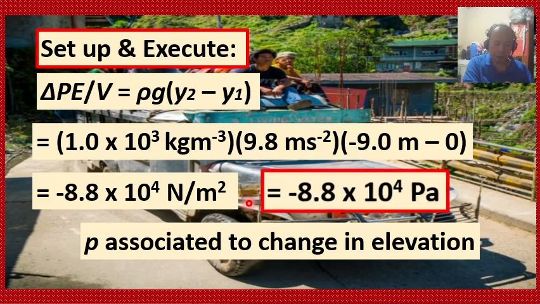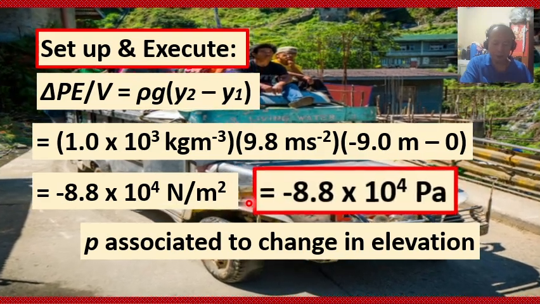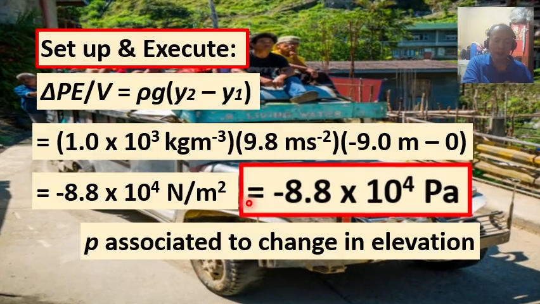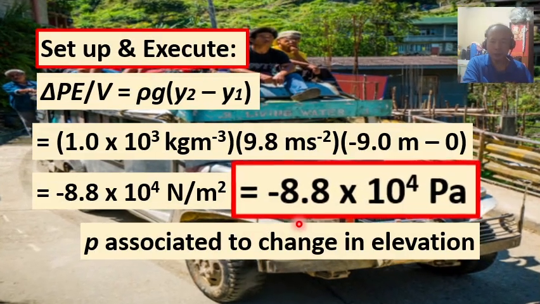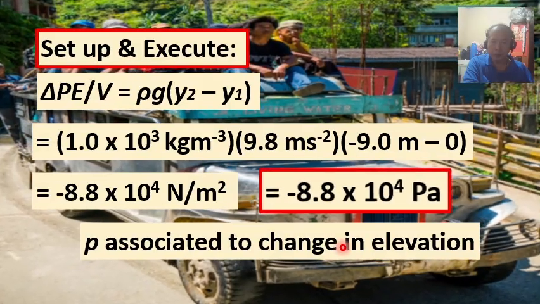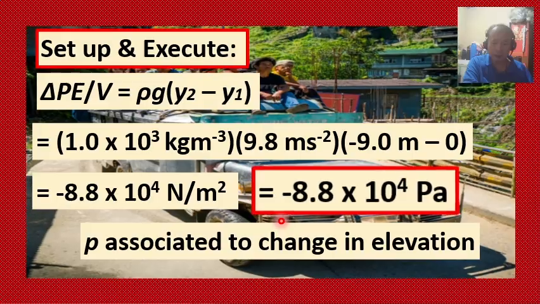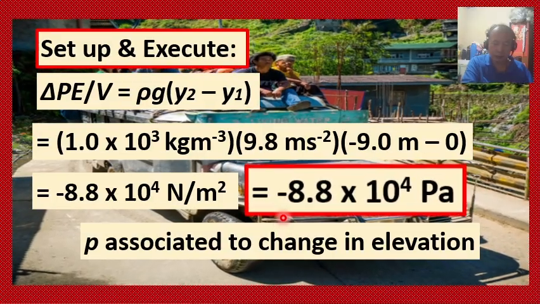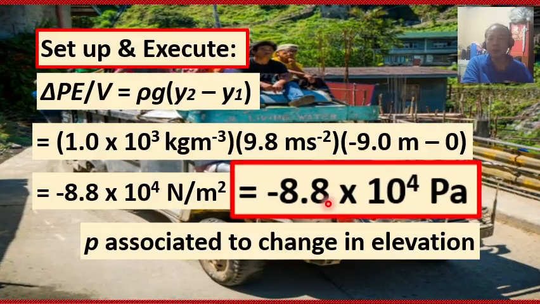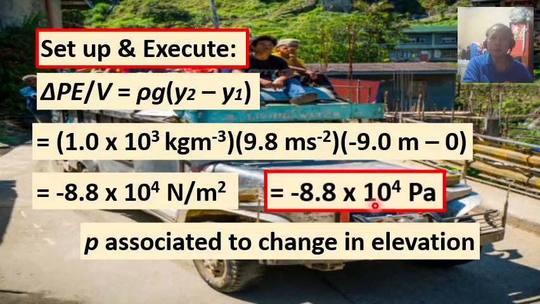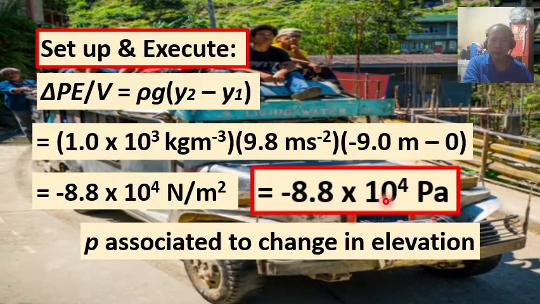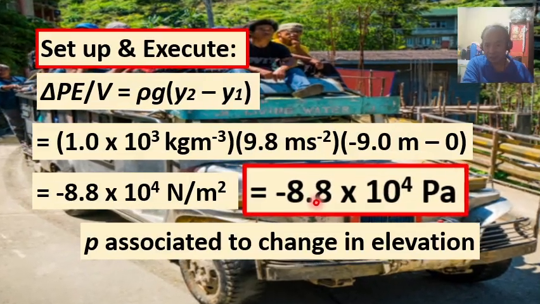So the negative sign, of course, indicates that the pressure delta PE over V is the result of using the rooftop, where pipe number 1, connected to the storage tank, is located.